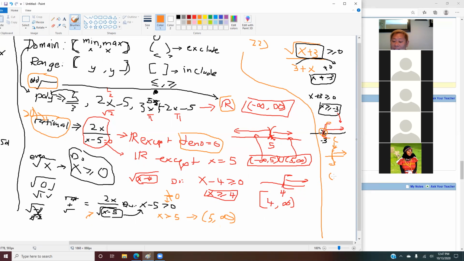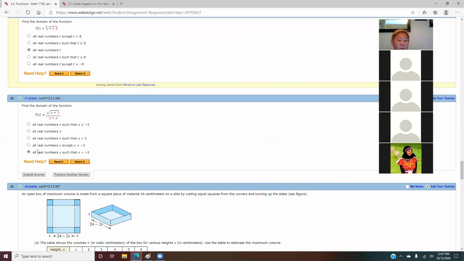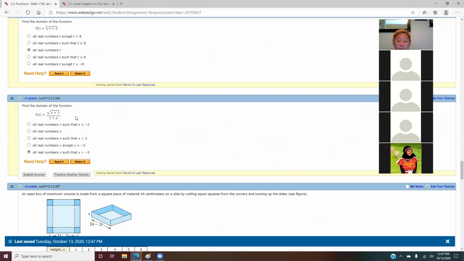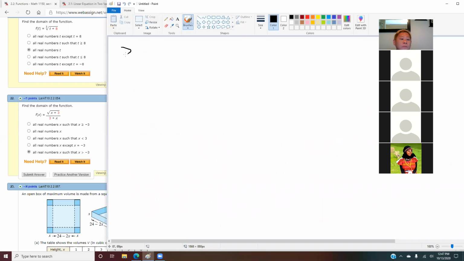So your answer in this case is x is greater than -3, the last one: all real numbers such that x is greater than -3. So be careful with question 22 because it can be very tricky, especially when you have a square root on top. If I change this question 22 to become something like this, it is even tougher.